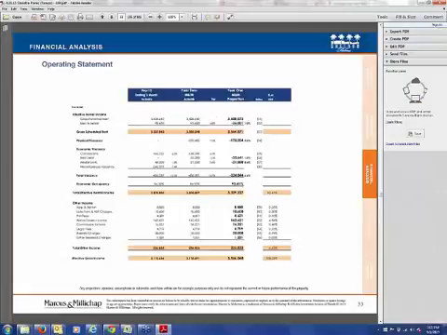February 2015, trailing 3-month actuals. All right. 3 months. You're only going to give me 3 months, and then you're going to annualize it. And then year 0, Marcus and Millichap actuals. Well, what's year 0? Year 0 is today.